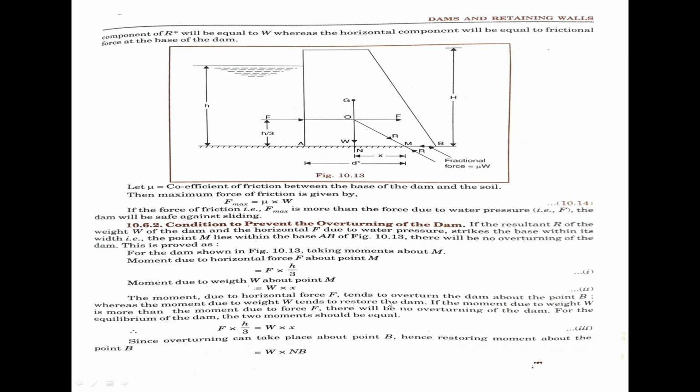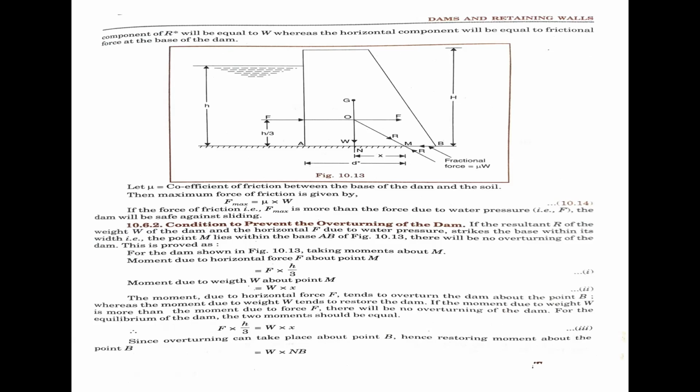If the moment due to weight W is more than the moment due to force F, there will be no overturning of the dam. That is the main reason and main concept. You have to prevent the overturning of the dam.